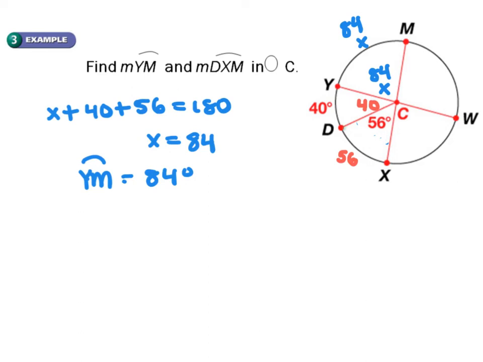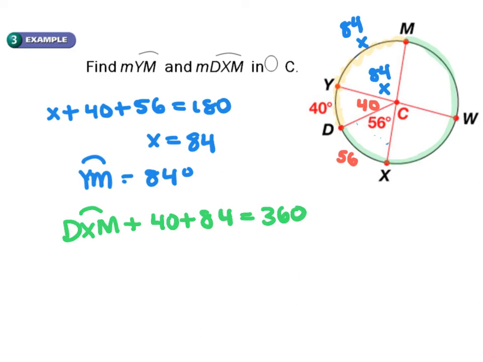The next part asks us for the measure of arc DXM. So we're going to start at D, go through X, and then keep going all the way around to M. Now we could find those small angles and determine what they are. However, we can see that arc DXM is a full circle excluding this piece over here. So if I were to write this as an equation, I could say that arc DXM plus the 40 plus the 84 should equal 360.